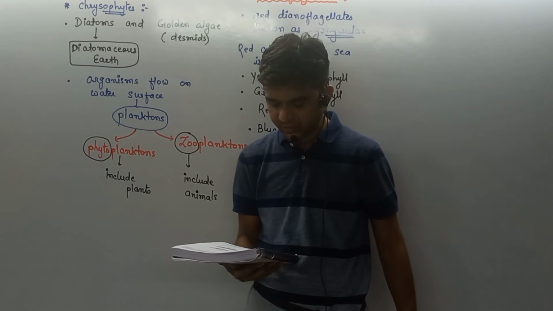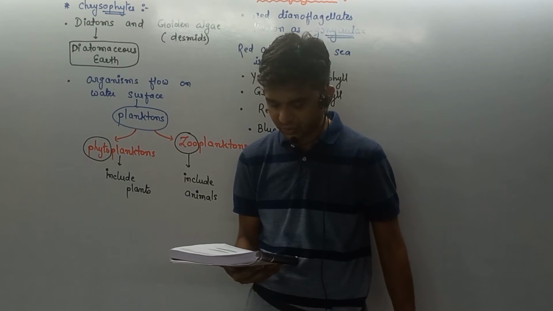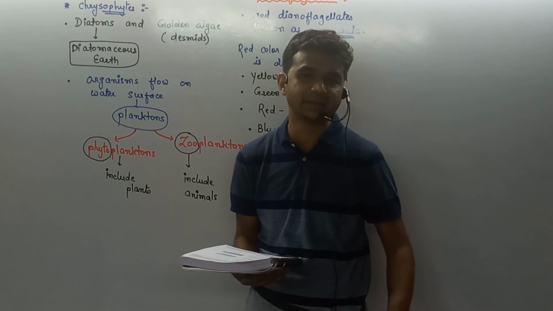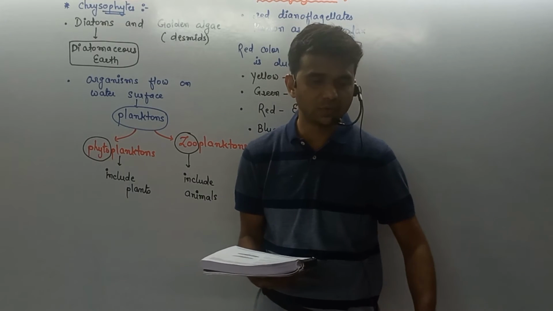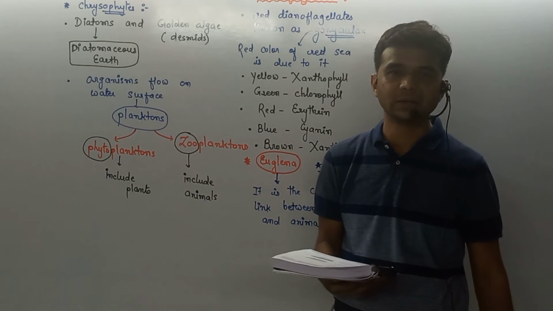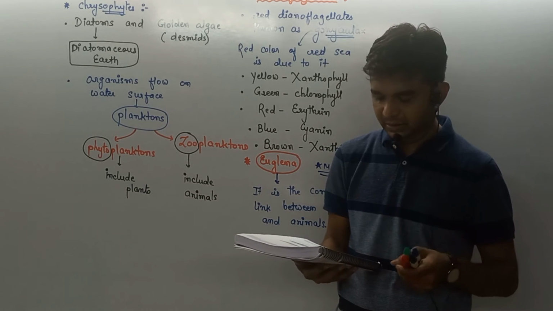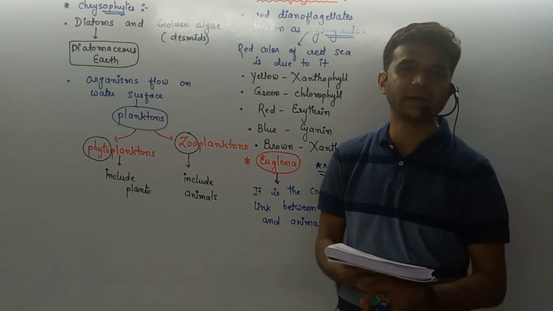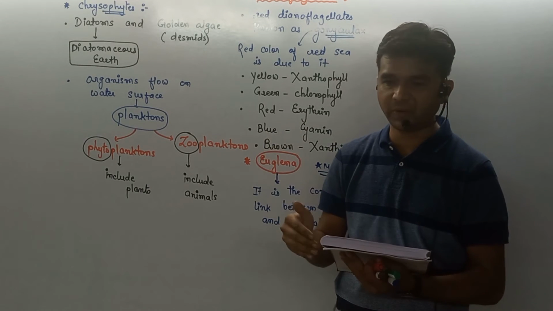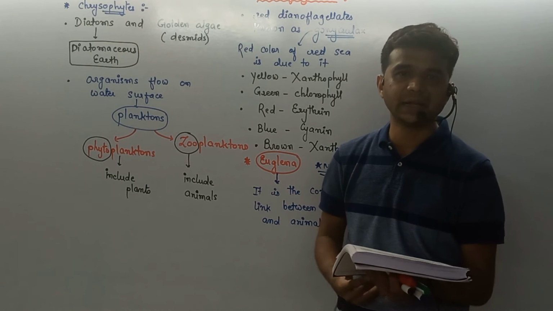Interestingly, the pigments of euglenoids are identical to those present in higher plants. So here in euglena, just like higher plants, pigments are there, similar to chlorophyll, carotene, xanthophyll, like that.